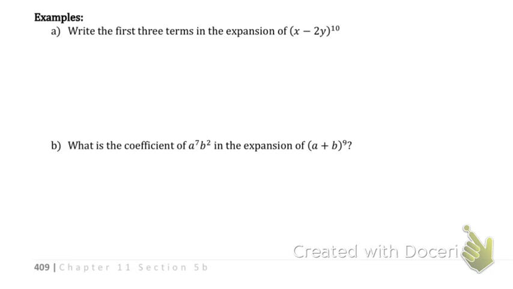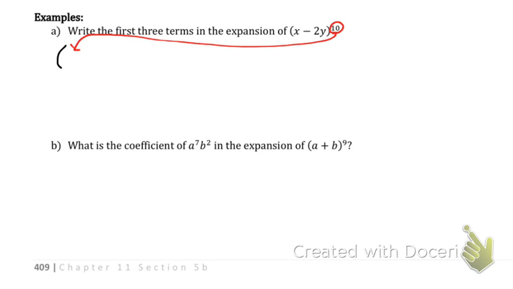How this is going to work is we're going to use a combination for each of our coefficients. So we're going to start with a combination. And the top of our combination is always going to be our original power, which is 10.